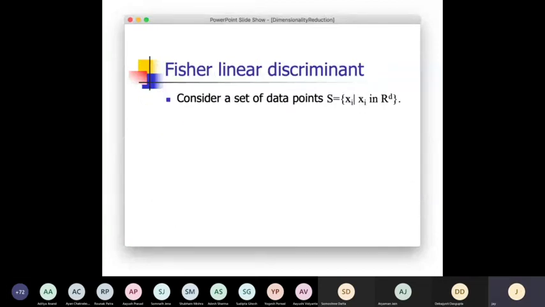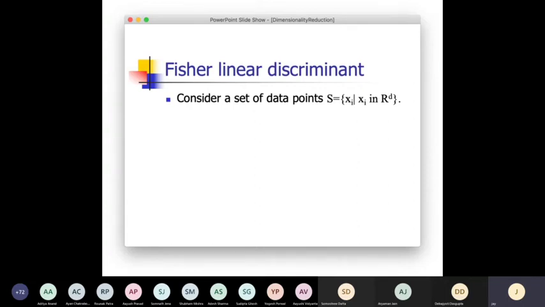So we will now discuss how to compute this particular direction. We have seen how we can compute the direction of the principal component: using the covariance matrix, finding the eigenvector corresponding to the maximum eigenvalue, you get the first principal component, and in fact you can get all the principal components by finding the eigenvectors.